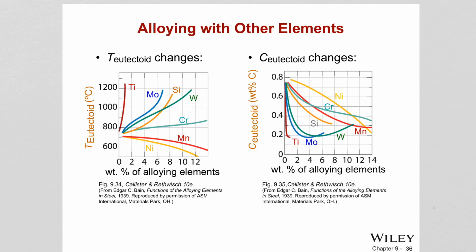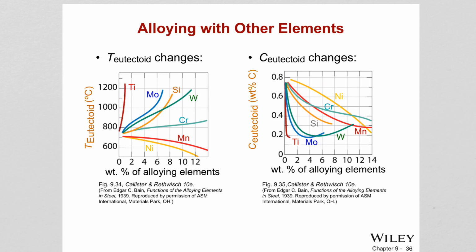As you can see, adding nickel, the eutectic temperature is decreasing as a function of nickel. Manganese is the same, but some elements like titanium, molybdenum, silicon are increasing the eutectic temperature.